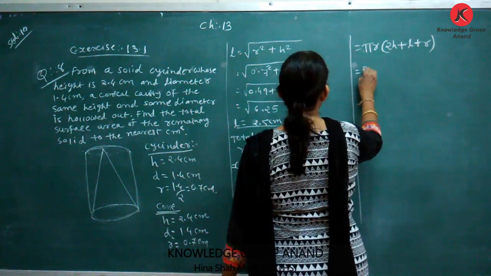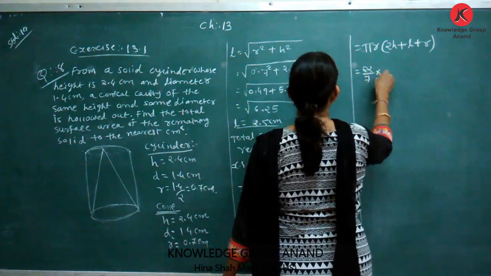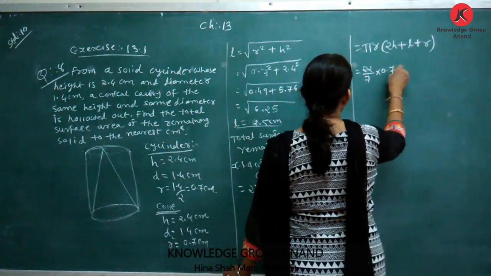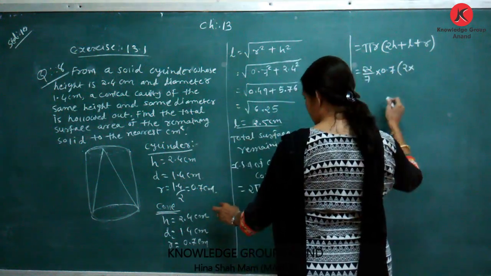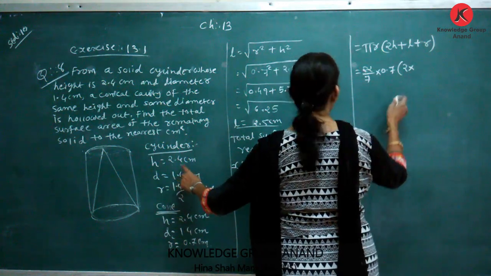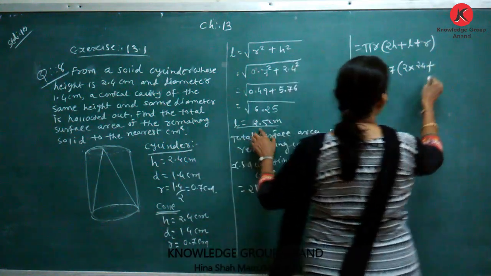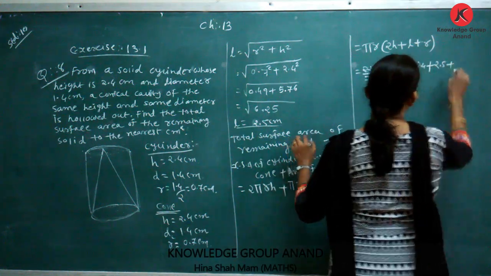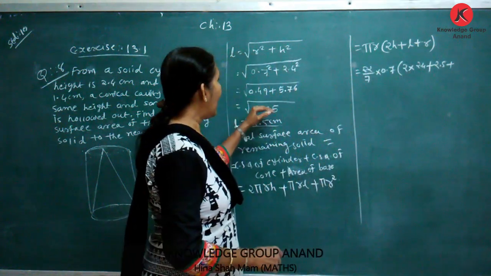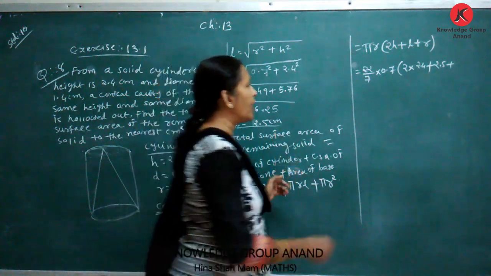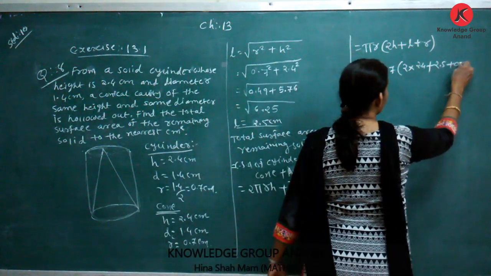Here pi is equal to 22 by 7 multiplied by R. R is equal to 0.7. 2 into h, h is equal to 2.4, plus L. L is equal to 2.5, plus R. What is the value of R? R is equal to 0.7.